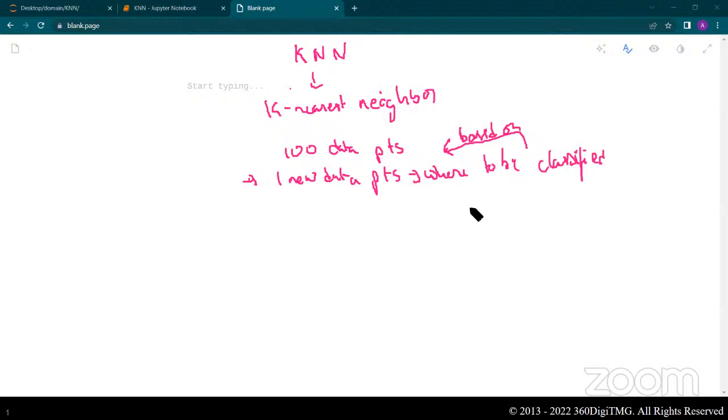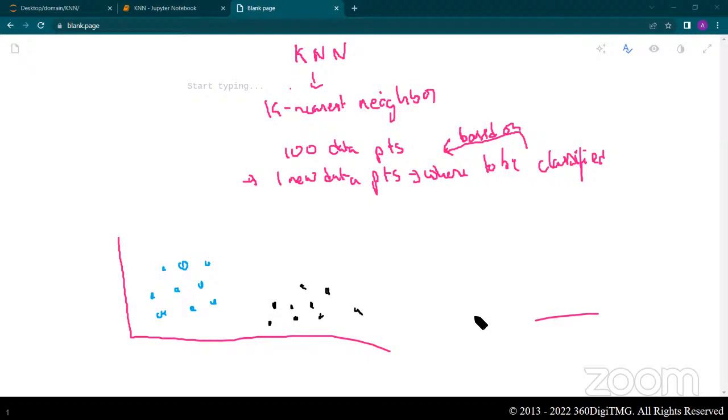Let's say this is a distribution. Here we have some data points like this, and some data points like this. Let's select the darker shade. Now, if you have this new data point coming in, which group will this data point be placed in? That is what we will determine with KNN.